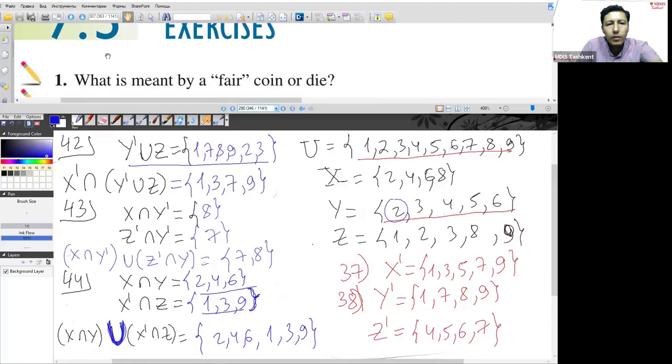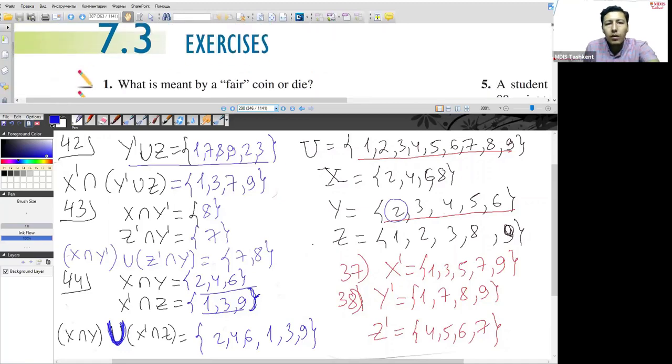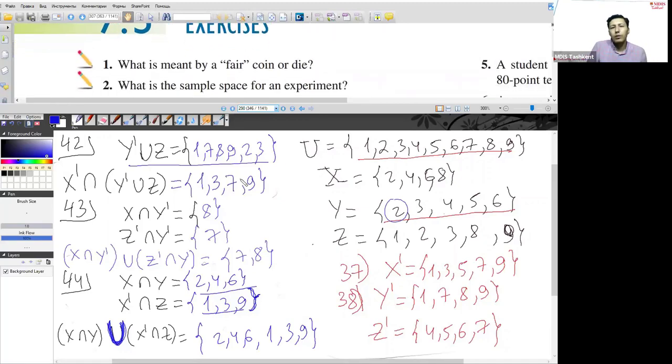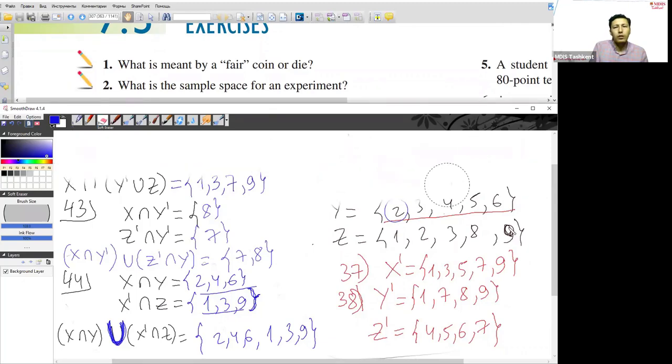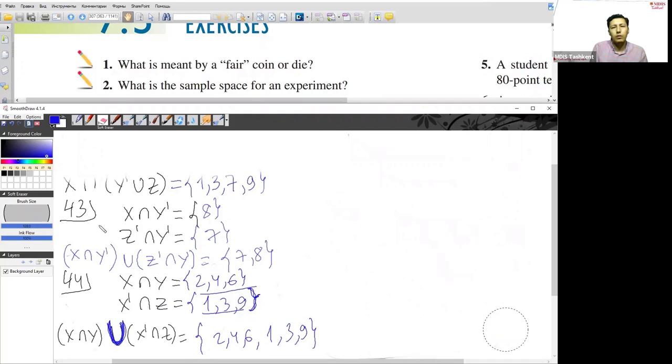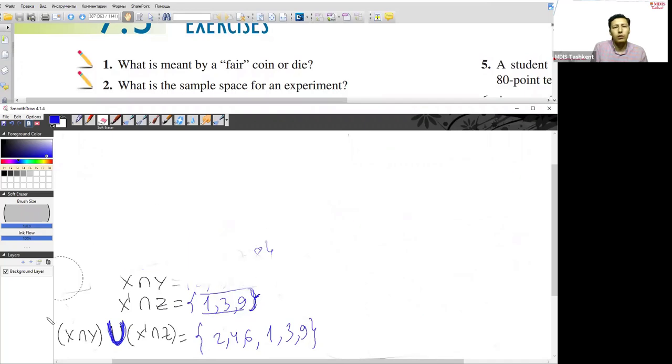So what is meant by a fair coin or die? And what is sample space?